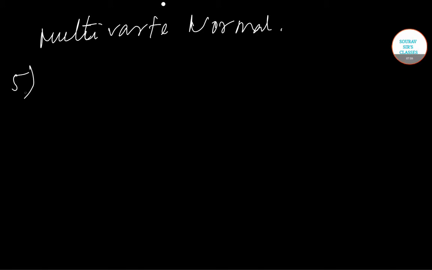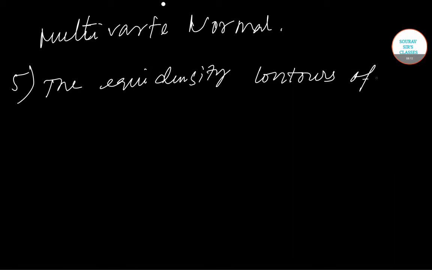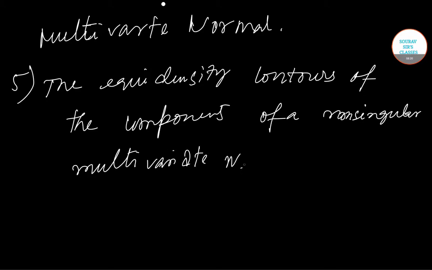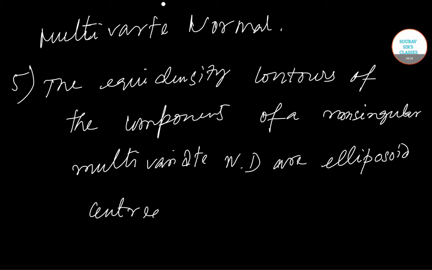The next point is the equidensity contours of the components of non-singular multivariate normal distribution are ellipsoid, centered at the mean.